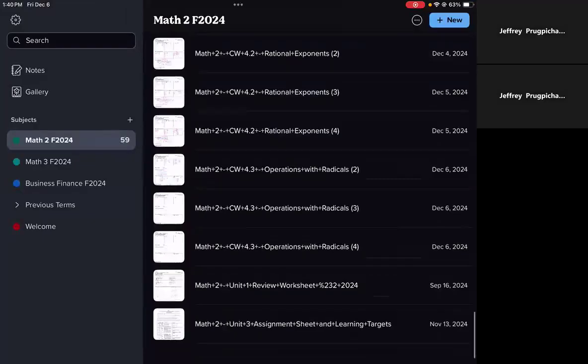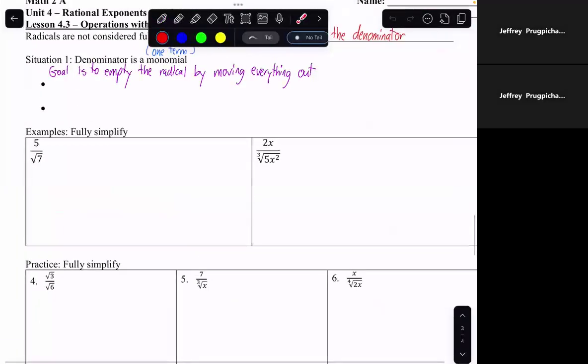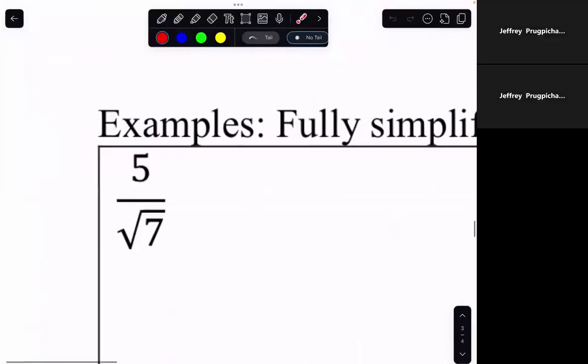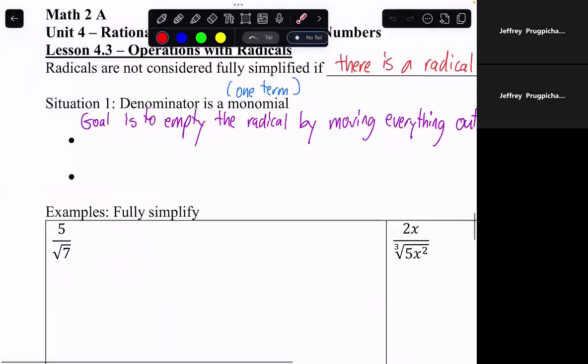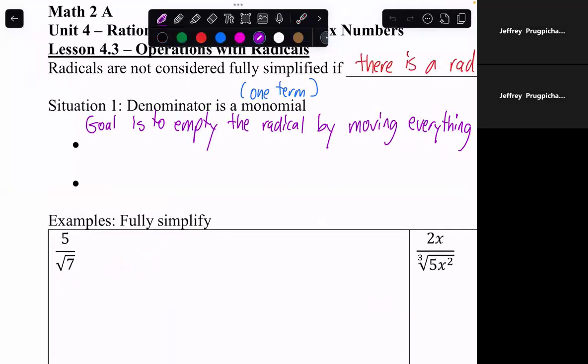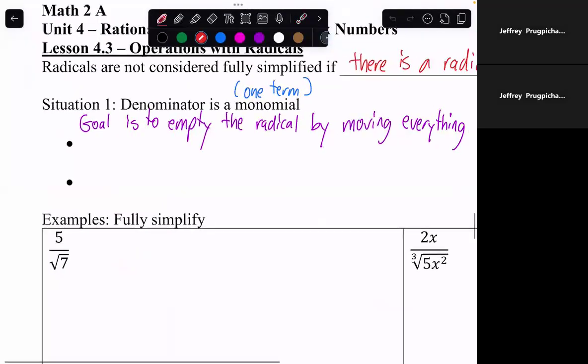Okay, so how do we do that for like this problem, right? Because it's not 7 squared. So how can we move the 7 out when it's only 7 to the first power? Well, you need to multiply in whatever is missing.